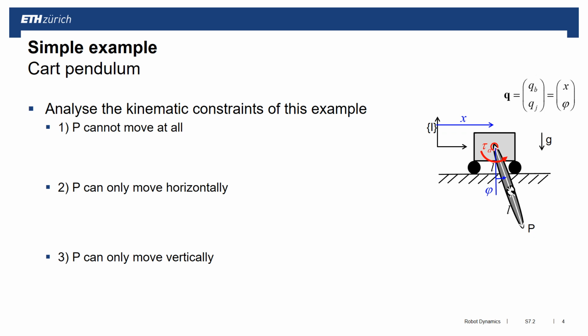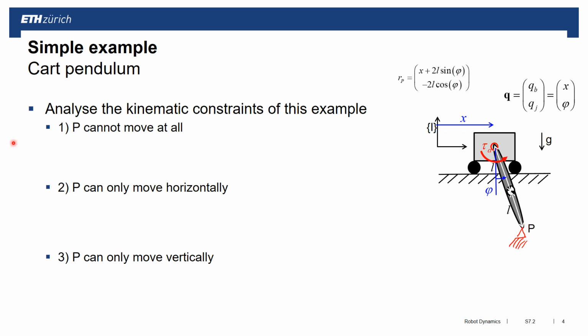So let's start with the first one. P cannot move at all, which means I lock this to the environment. So I have to look at the position of P, and this position of P must remain constant, so the velocity of point P must be 0. We first write the position of P: we go by x and 2L cosine phi, 2L sine phi in x direction, and we go by minus 2L cosine phi in y direction.